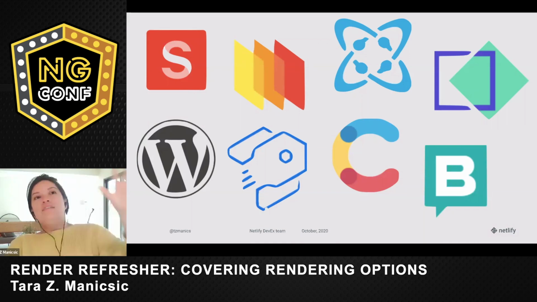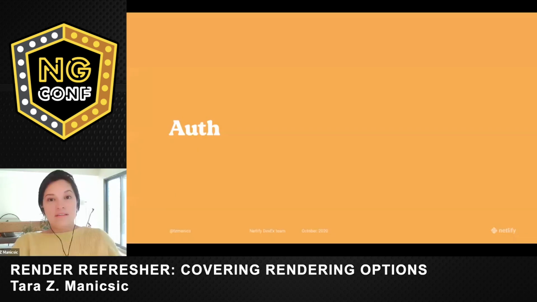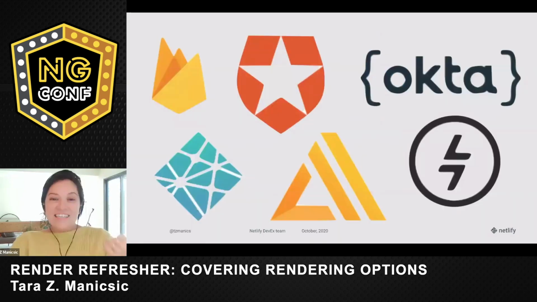But these are the things with serverless functions that you're able to do, like authentication, again things that you might be used to, like Auth0 and Firebase. We have Netlify Identity, which I'll touch on.